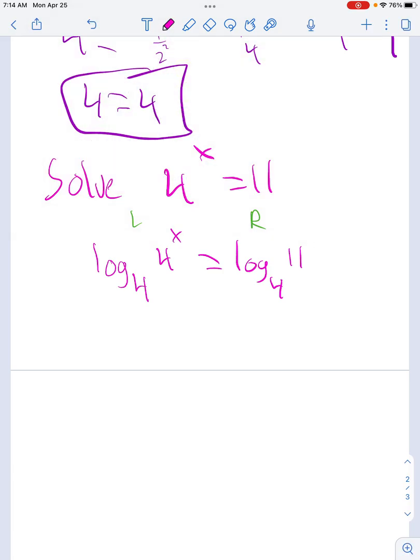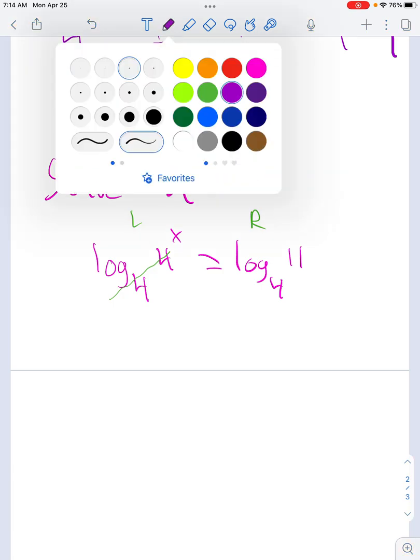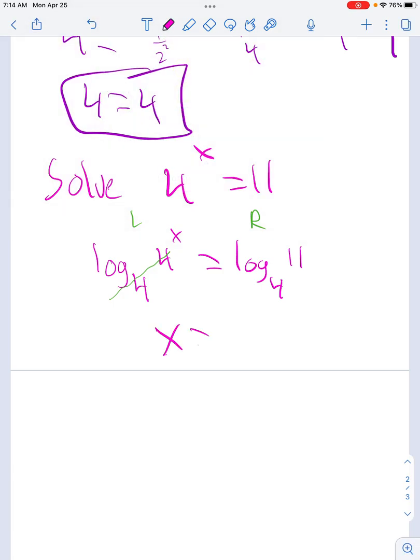Now, if you remember one property that we've discussed, when you have a base of the same number, it's going to cancel out. So that's going to help me simplify because now I just have x on this side, log base 4 of 11. But we may want to simplify this, and we learned last lesson that we have a change of base formula where we can turn it into the common log with a base of 10.